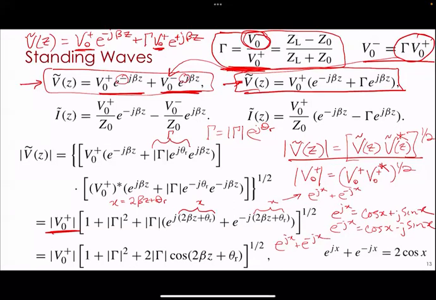So we defined d equals minus z, right? So if we wanted to plug that into there, then what would we have? This would become cos minus 2 beta d plus theta r, right?